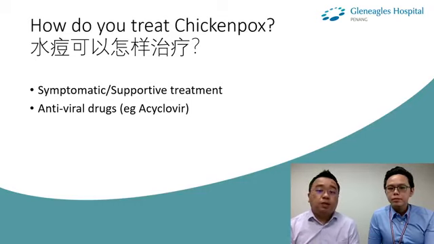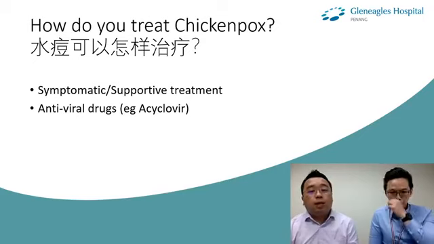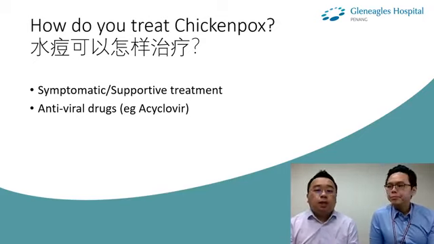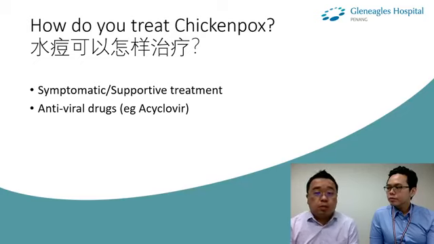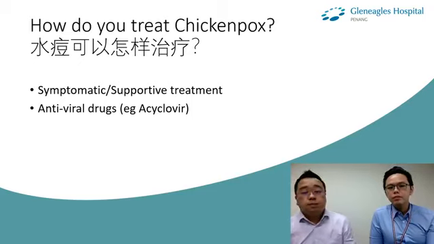That's why, if you are diagnosed with chickenpox, you need to come in early, because this antiviral is best if you start it early. The other thing you can do, if you are exposed or having chickenpox, is to get a chickenpox vaccine. That is also a way to reduce the severity and the symptoms of chickenpox.